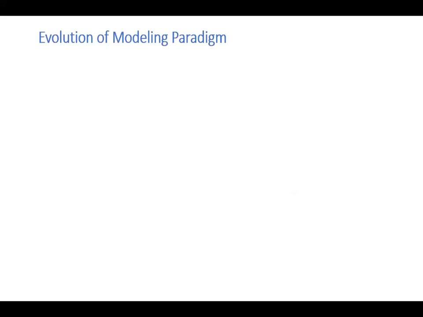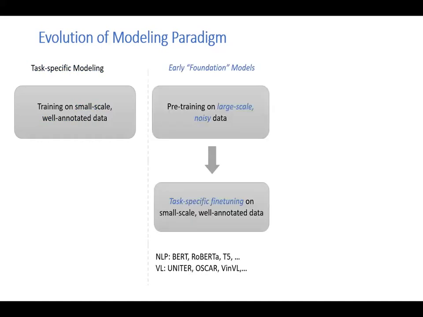So first, let's revisit the evolution of modeling paradigm, especially in today's deep learning era. We started with training task-specific models on small-scale, well-annotated data. And this leads to dedicated models for each task or even each data set. Then, for early foundation models, the pre-train and fine-tune paradigm can take advantage of large-scale, well-crawled, noisy data for pre-training.